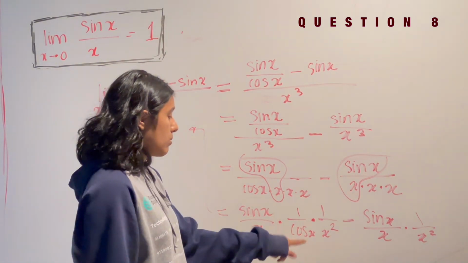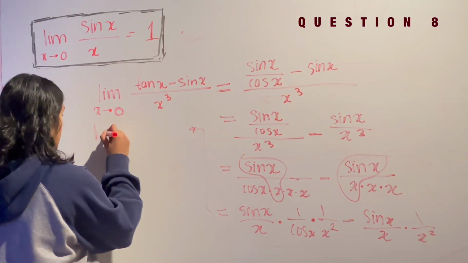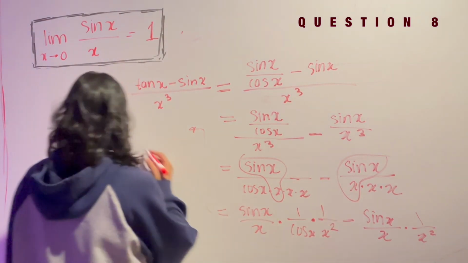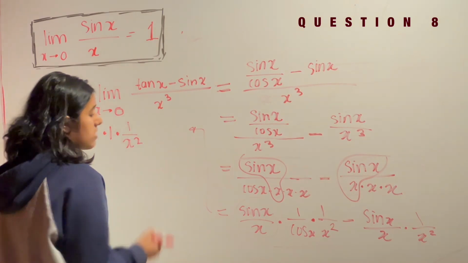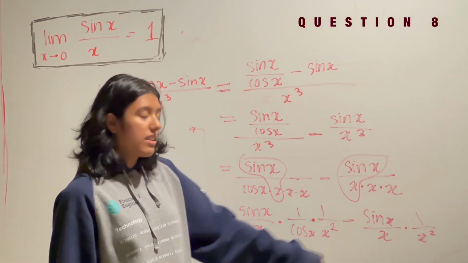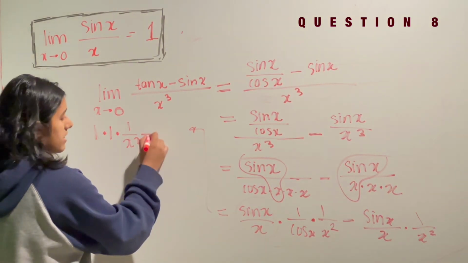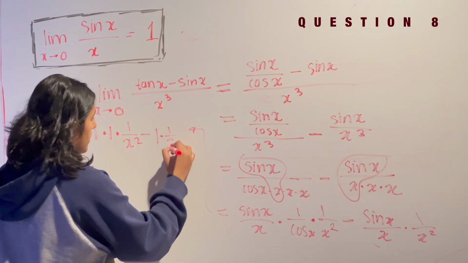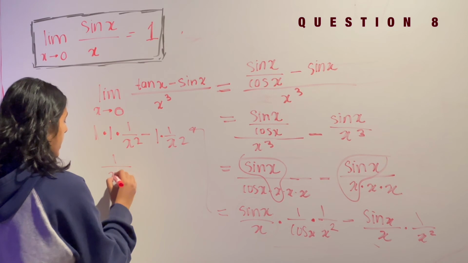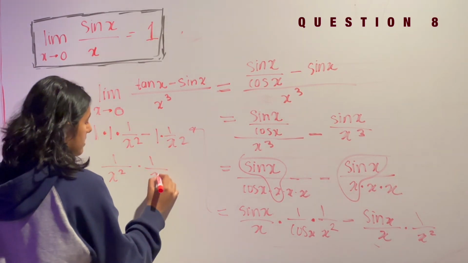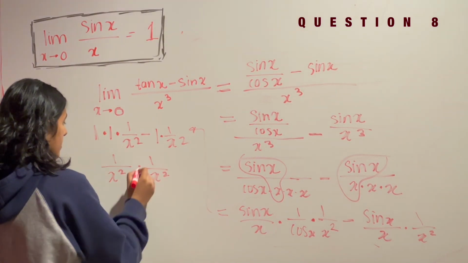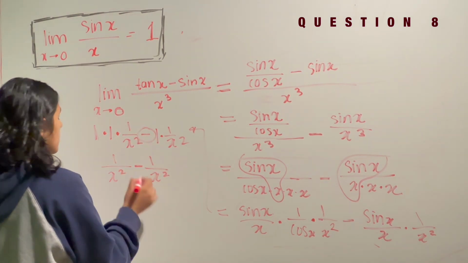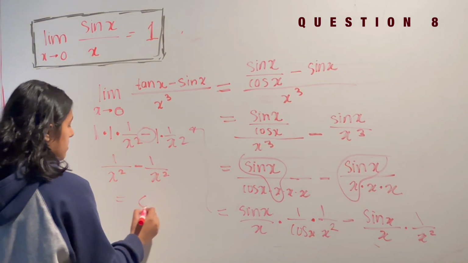We get cos of 0, which is 1, so times 1 times 1 over x squared. Let us not put a 0 in here yet. You will see why. Minus, this is simply 1, and this is 1 over x squared. And minus, my bad, there's a minus. 1 over x squared minus 1 over x squared, which is equal to 0.